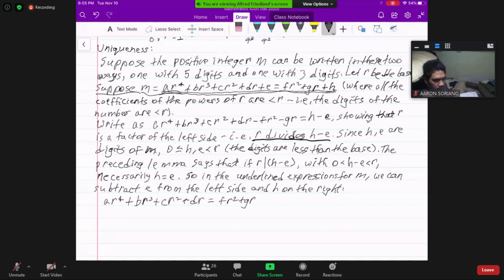We got rid of the H. Now, I'm not going to rewrite this, but strictly speaking, notice that every term that's left there has an R in it. So using the reverse of the distributive property, which we call factoring, but it's really the distributive property, notice that on the left side and on the right side, you could pull out a common factor of R. Do you see that? So it's R times something.